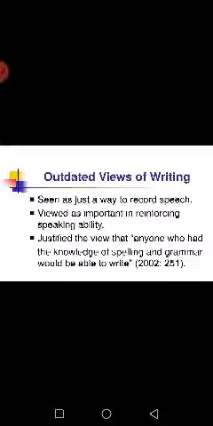Whenever someone wants to check something, he can get back many times to check, but with spoken words we've already forgotten what we just said. Writing is more prominent than speech.